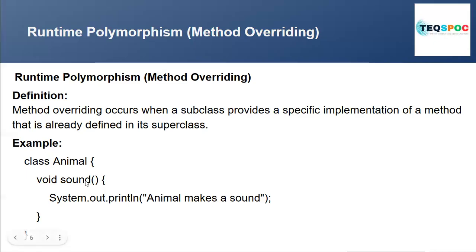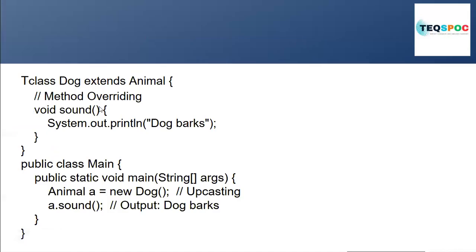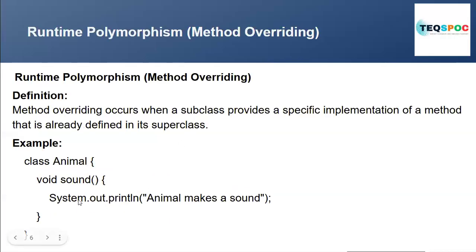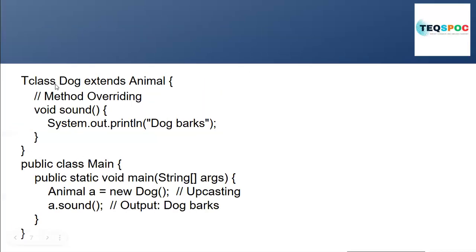Now I will create one more method inside the child class with the same name, but I have changed the output to dog barks. So the same method does a different operation in the parent class, and I have inherited the parent class method in the child class with the same method name, only the output I have changed. This way the method names are the same, but both methods perform different operations.